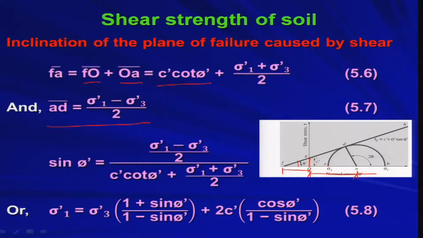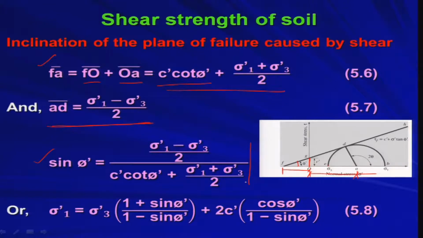Once you know FA, AD and all those things, you put them in the expression of sin phi. Sin phi is equal to AD divided by FA. So in place of FA I can write this, in place of AD I can write this, and that comes like this.